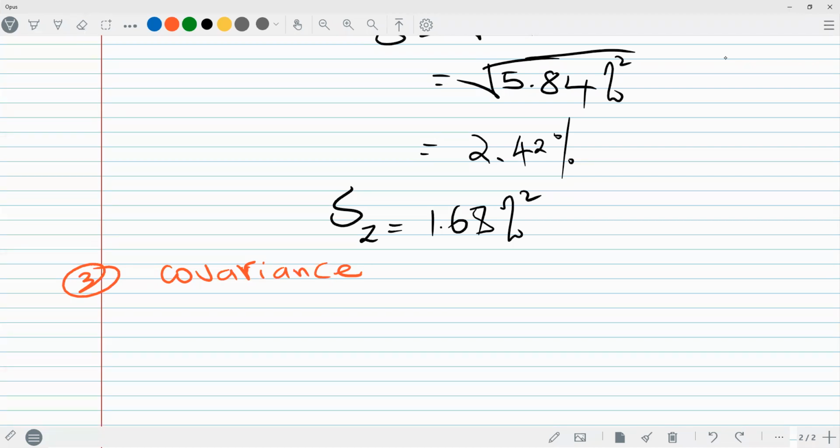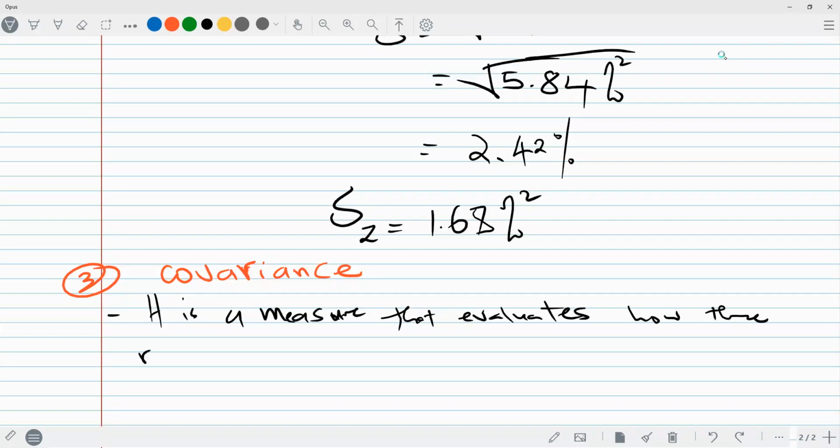So it's a measure that evaluates how the returns of two assets move together, or how they behave.